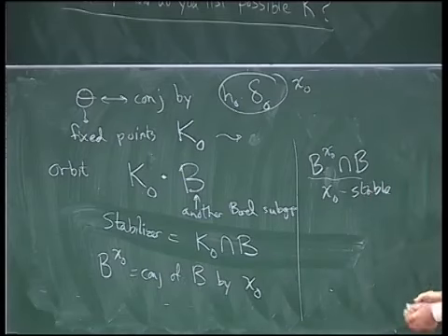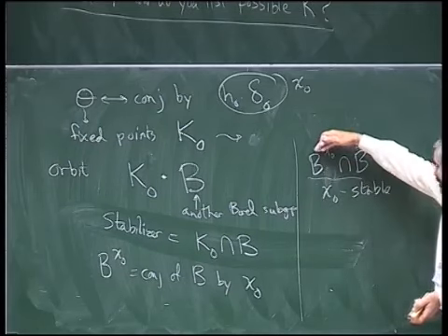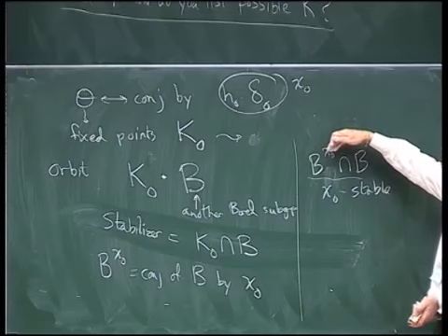x0 stable, because the square of x0 is in the center. So if I conjugate by x0, I come to translate by the center.